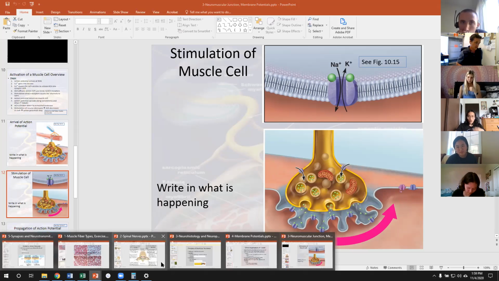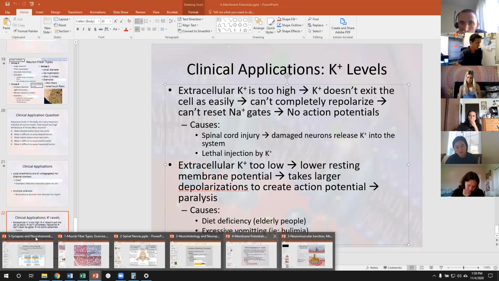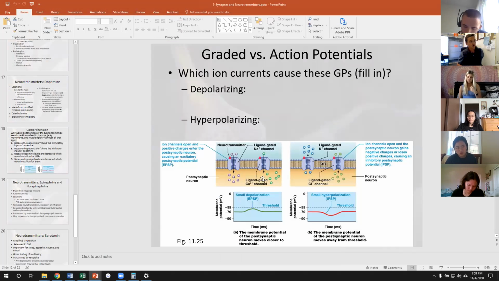Let's go back to this one here. There was new information on this slide, in the last set of notes we did on neurotransmitters and graded potentials, chemical synapses.